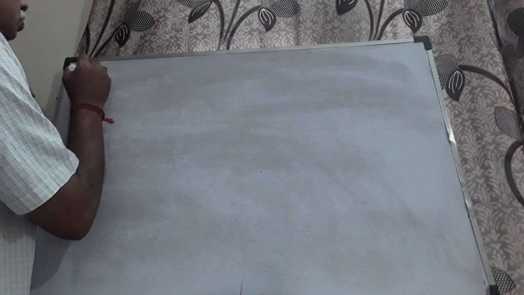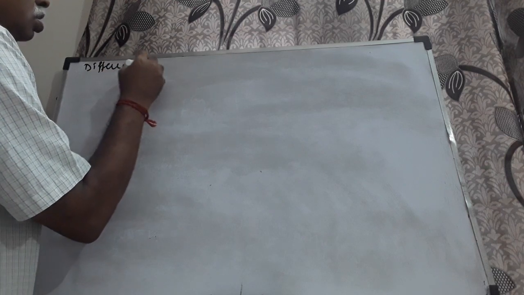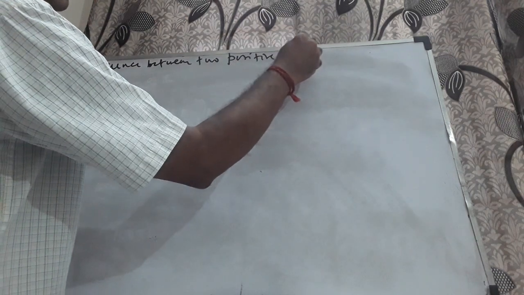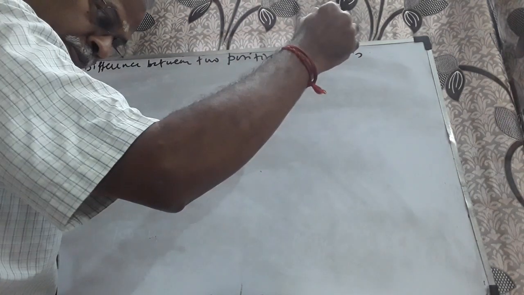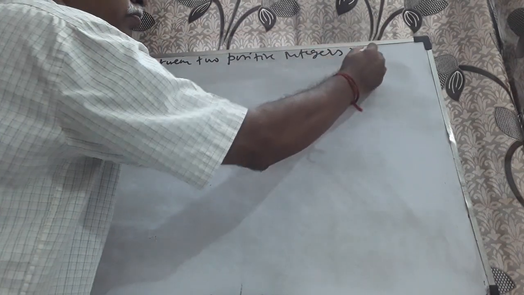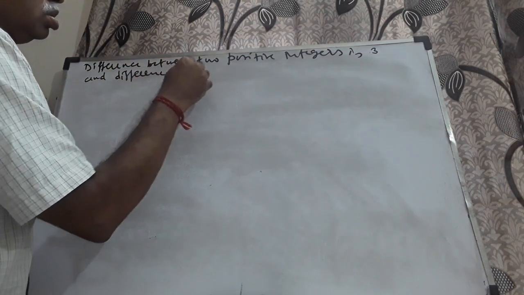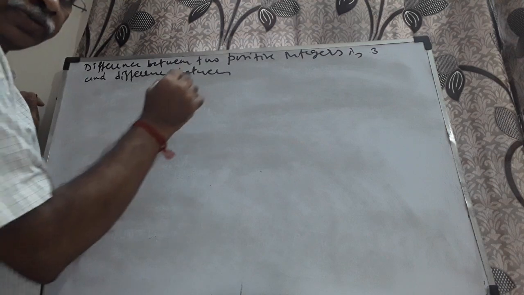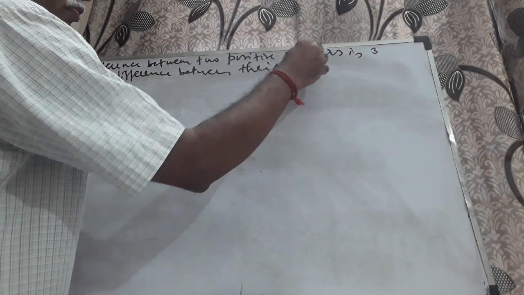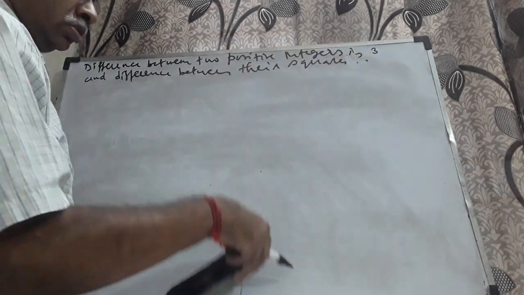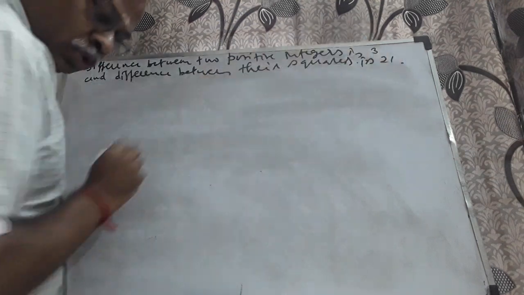Next problem goes like this. The difference between two positive integers is given as 3, and the difference between their squares is 21.